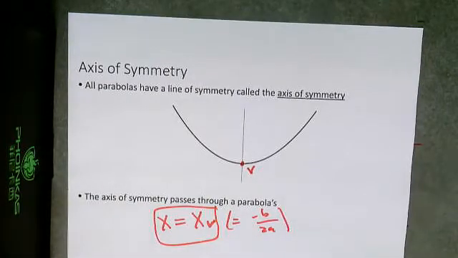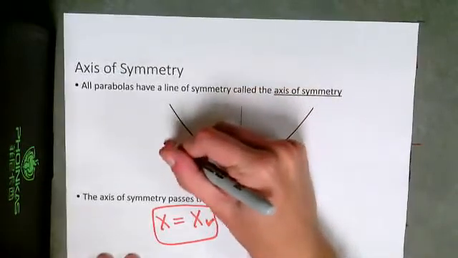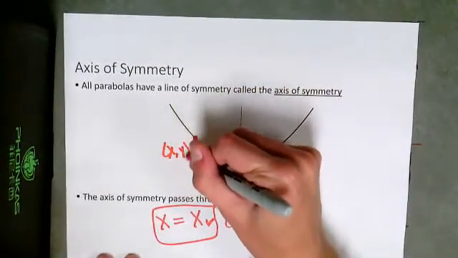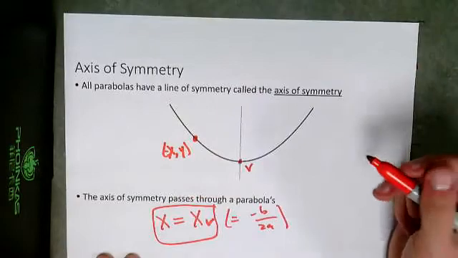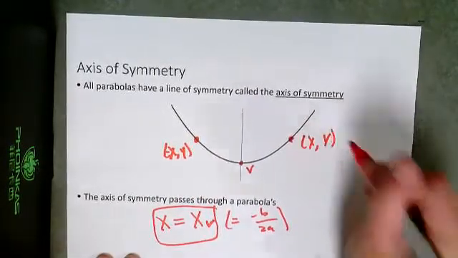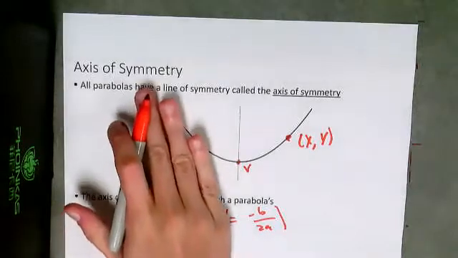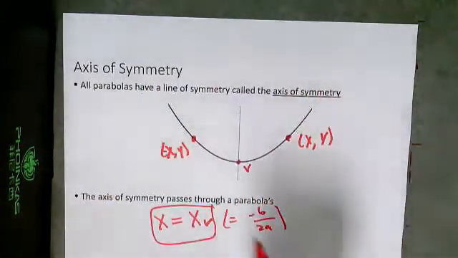So what that means is if you have a point, say here, negative x, y, the point over here, x, y, also lies on the graph, right? You fold this half over here, and it's the exact same.